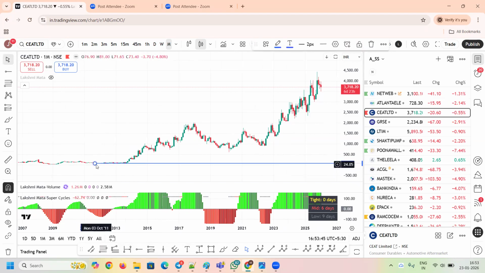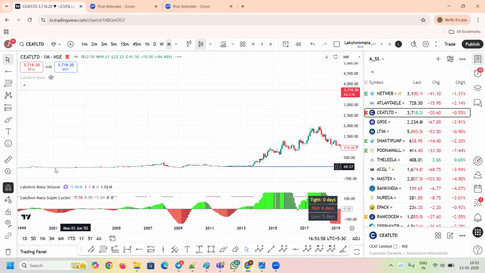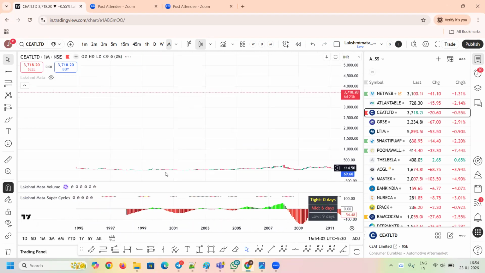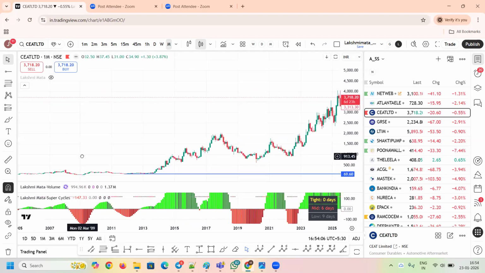Let me draw a little bit here and there, but please consider this because of my mouse issue, I'm not able to draw it correctly. But yes, this is the point where we will call it a strong resistance. Why? Because the stock stayed in this range for a long time. That means for months together, it was like a dead stock, correct?